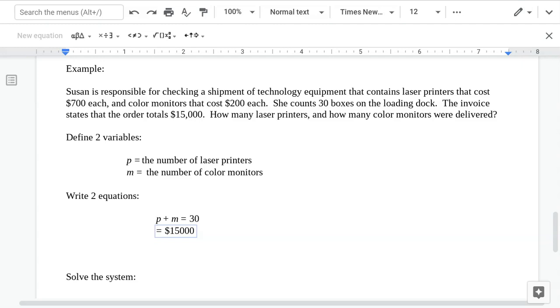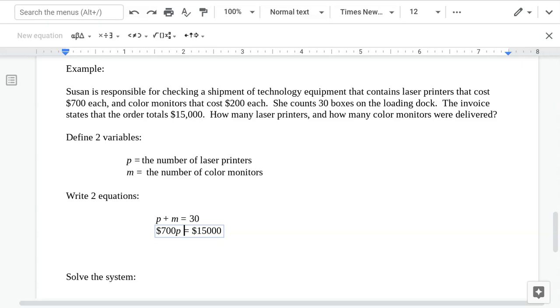So we think about, how do we get that total of $15,000? Well, we know that each laser printer is costing $700. And so the way we can represent that is putting 700 as the coefficient with P, because that says for every printer that was ordered, increase the total by 700.